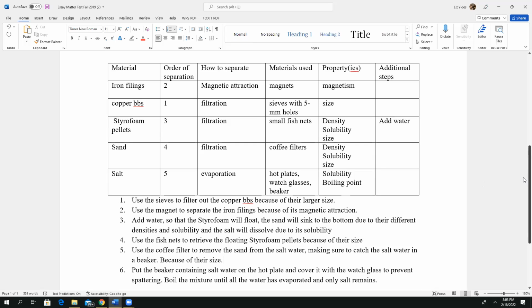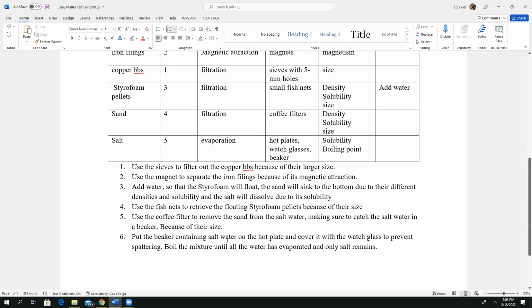And then here, only the salt remains because its boiling point is higher than that. See? So that's another way of doing it.